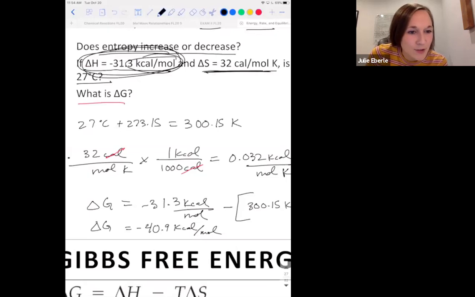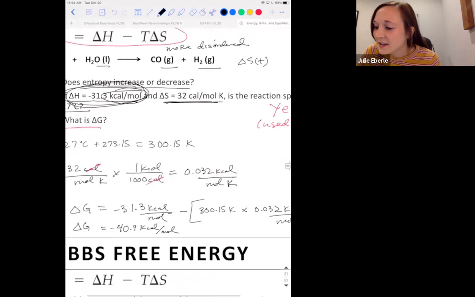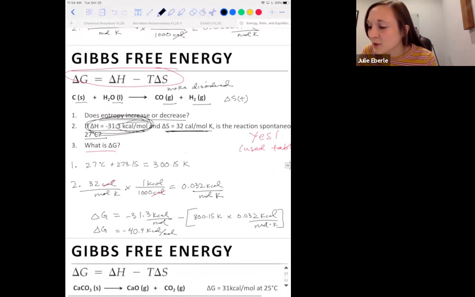Negative 32.26, maybe. Type it in again, double check. 300.15 times 0.032. And then do negative 31 minus that. They're both negative numbers.